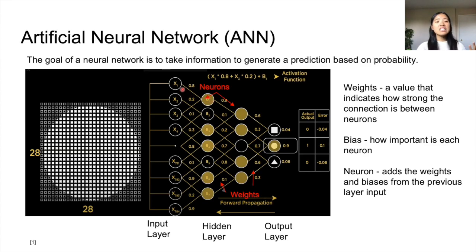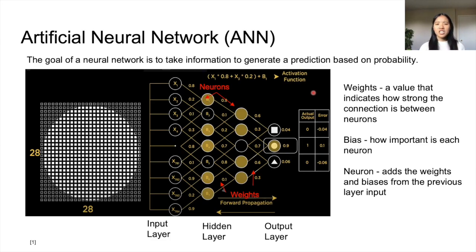Finally, as this data travels through these layers of neurons, in every layer you will add these weights and biases and find a linear combination of these values, which will be inputted into the next layer of the neural network. This will keep going forward with each layer until it reaches the final output layer. That's how we're able to come up with this prediction.